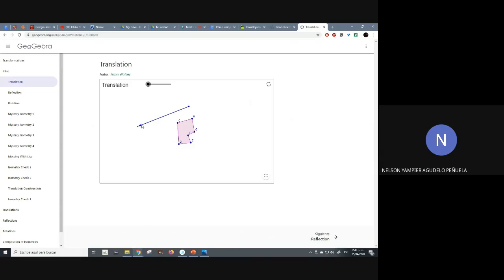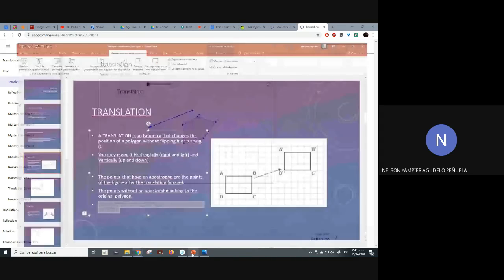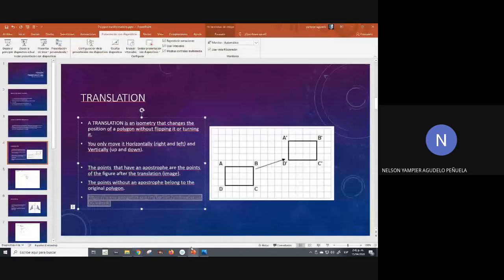So for example, here I have a figure. And I can change it. Look, I can give this figure the shape that I want. A translation is only, let me show you the definition, an isometry that changes the position of a polygon without flipping it or turning it.